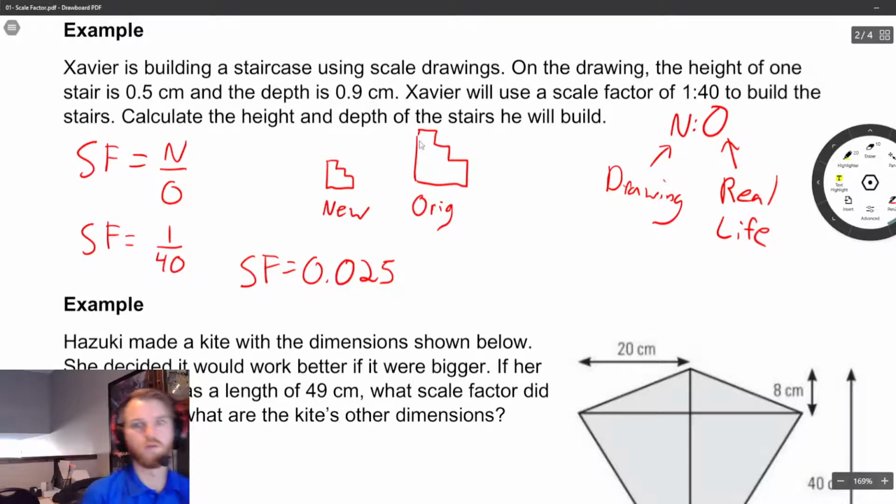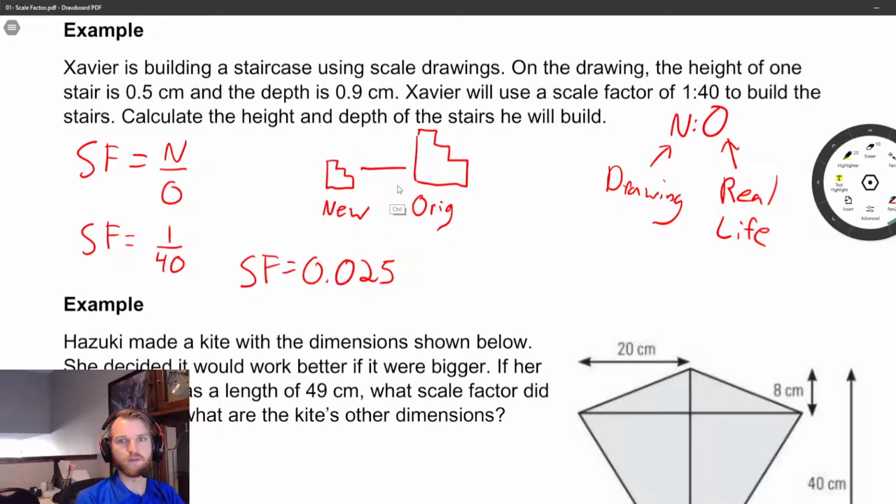Normally we've been given the measurements of the original, and we multiply by the scale factor to get the new. That's why we're going this way. But what we have here is the measurements of this one, the one that's 0.5 and 0.9, and we're trying to go this way. So in this case, we're not going to be multiplying by the scale factor, we're going to be dividing.